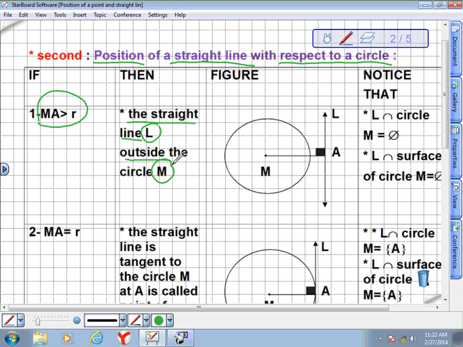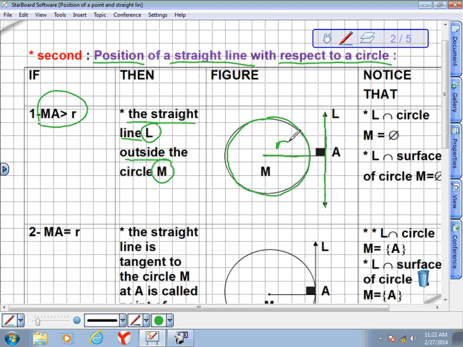We have the circle M, the point A belongs to the straight line L, and this line is outside the circle. We notice that the radius length will be starts from M up to this distance, and the point A is outside the circle, so MA is greater than the radius length.